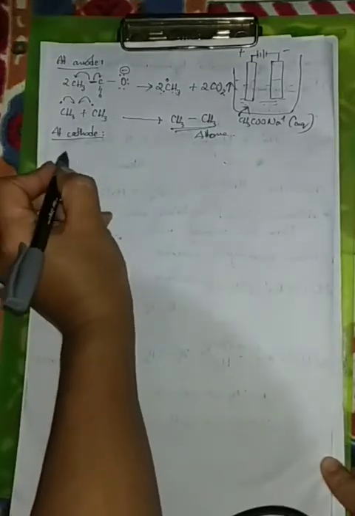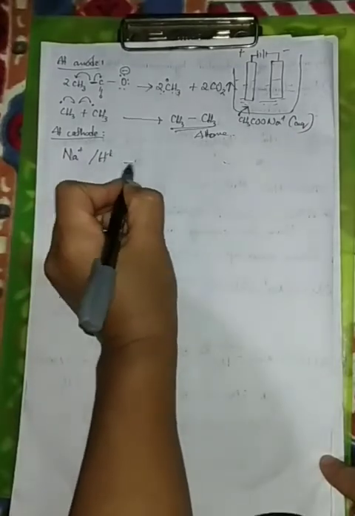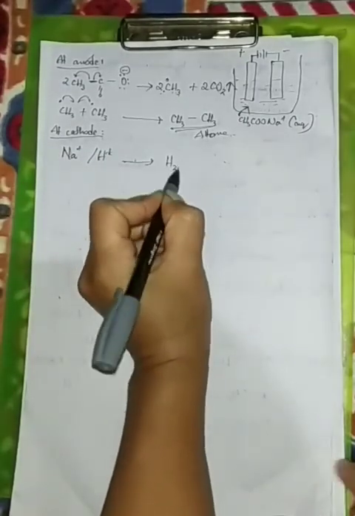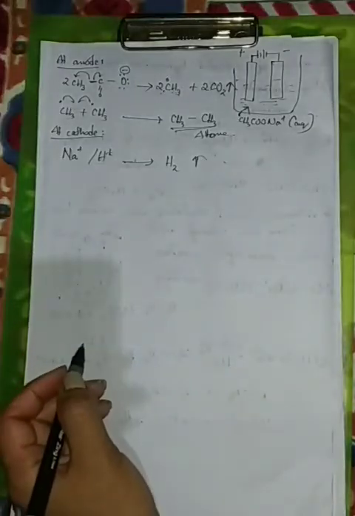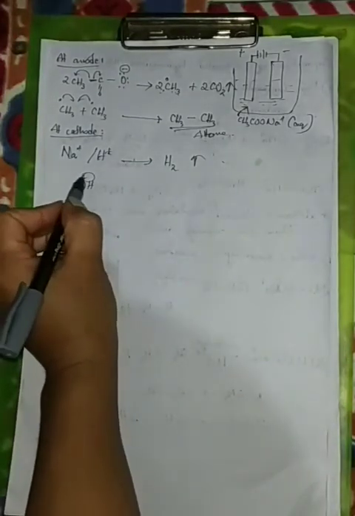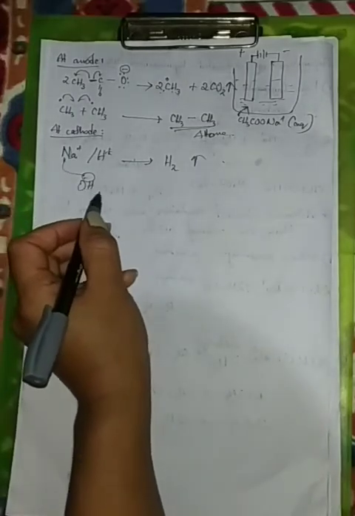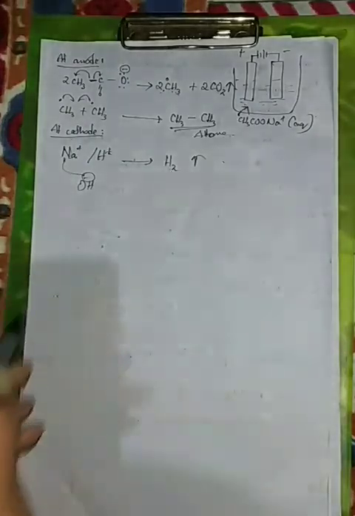Now, what happens at the cathode? At the cathode, hydrogen gas is released in this reaction. In solution we have OH minus, and on electrolysis there is removal of hydrogen gas.